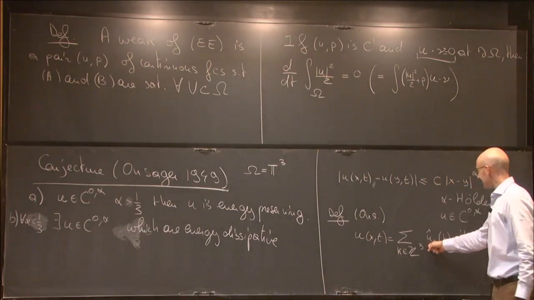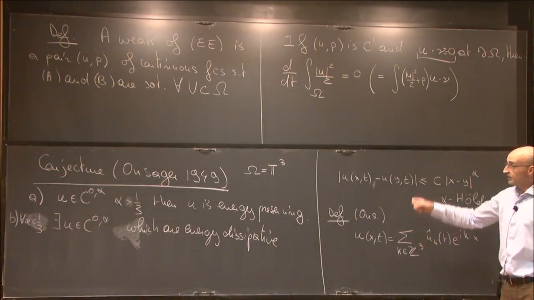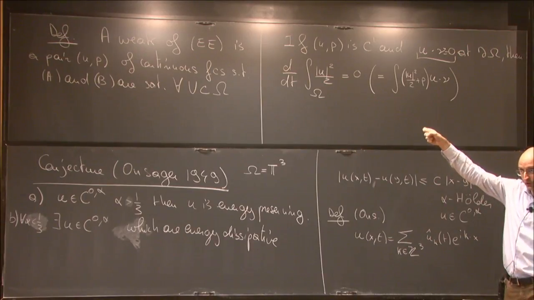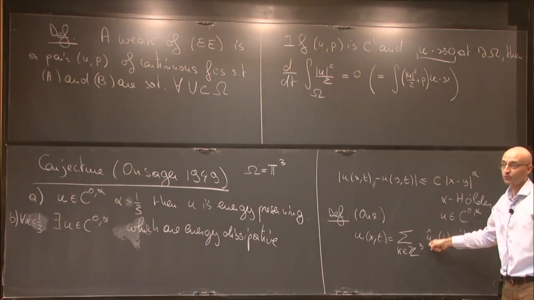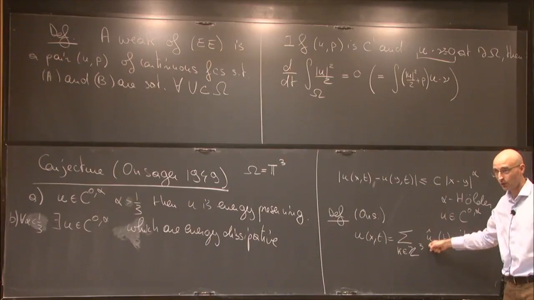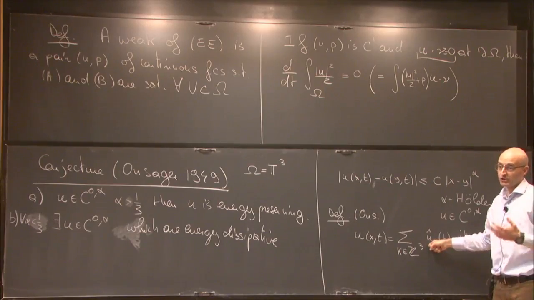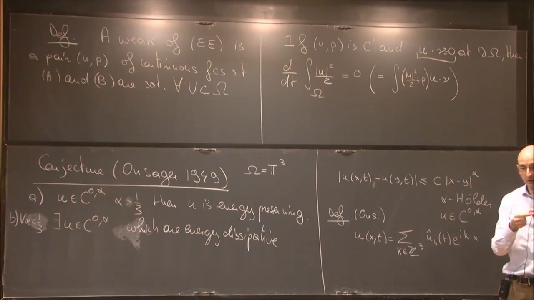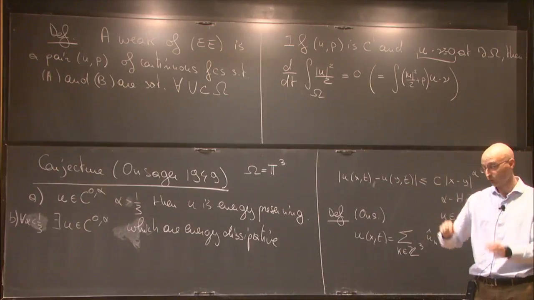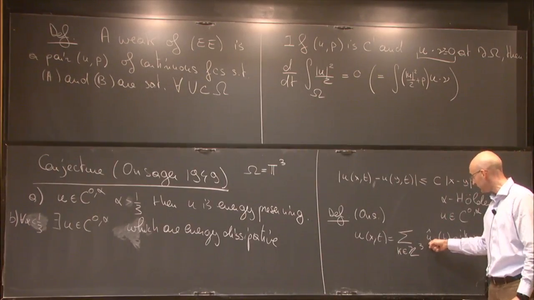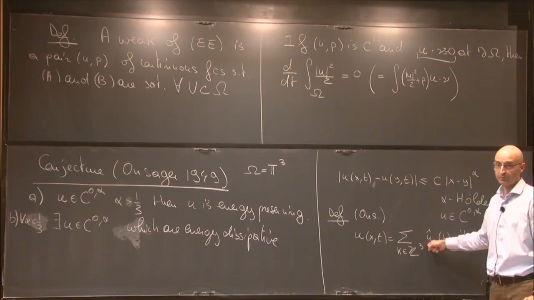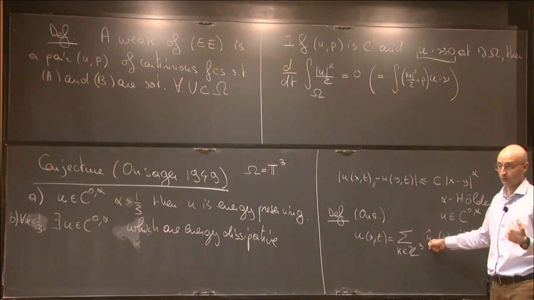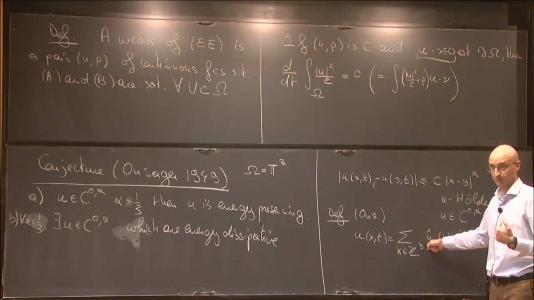Then he writes down the smooth system of partial differential equations as an infinite dimensional system of ODEs for the Fourier coefficients. And then he just notices that when you write down each equation, to give meaning to the right-hand side, you need these coefficients to be square summable. So as long as you are actually in L2 and you write down your infinite system of ordinary differential equations, you can make sense of this.